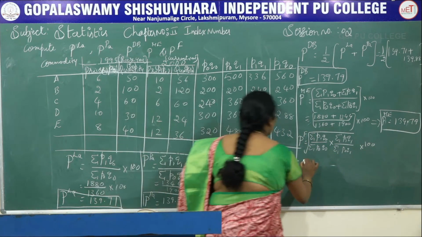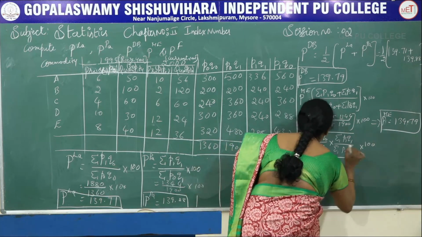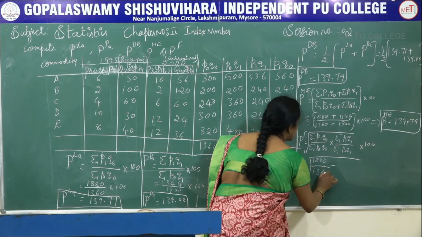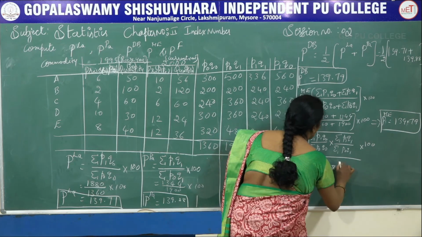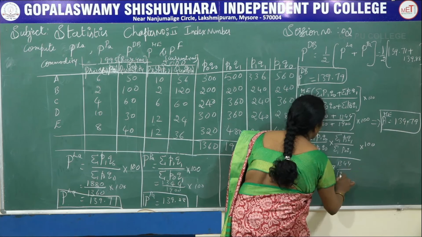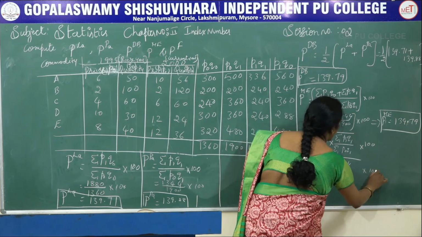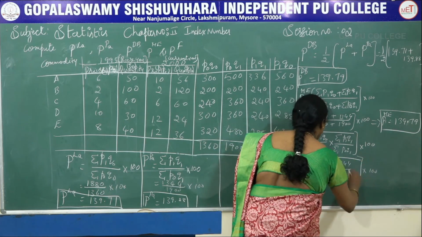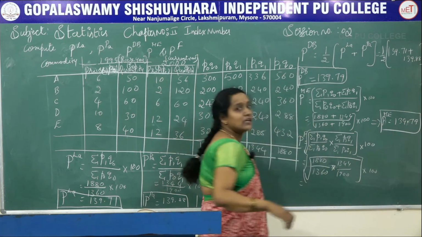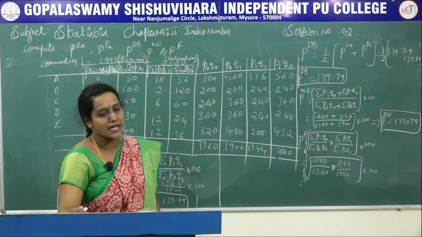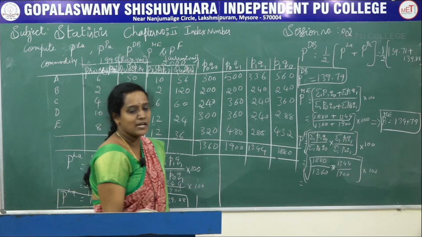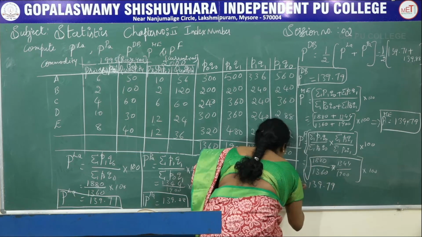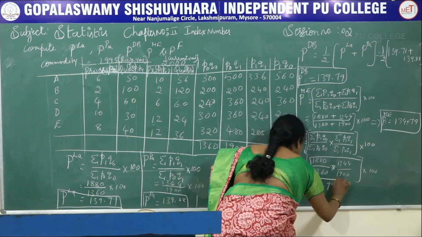Again substitute the values of P and Q: 1880 by 1360 into 1344 by 1900, square root, into 100. We should not take this 100 inside the square root, so that we will get the value 139.79, that is P of Fisher's.